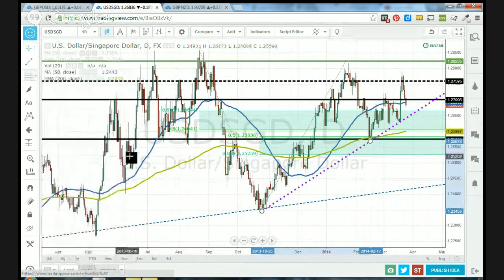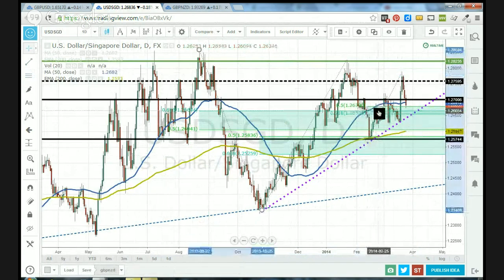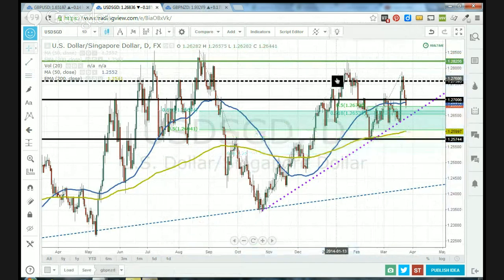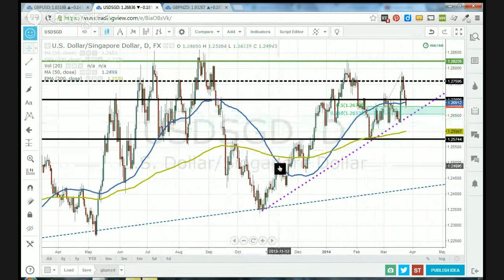That Fibonacci retracement. Okay, so at this point, I think I'd be most interested in buying at, let's see if we can get some more confirmation. Maybe at, here's a good support level.